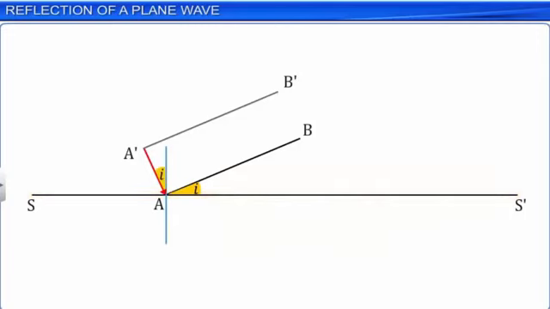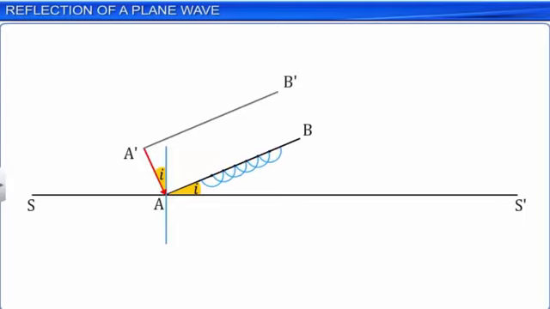At t is equal to 0, the point A is in contact with the surface SS'. The secondary wavelets from points other than A have maximum intensity in the forward direction and zero intensity in the backward direction, and thus they travel in the forward direction.